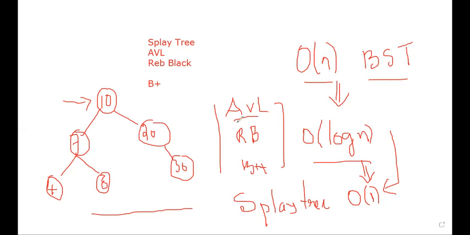The AVL tree places restrictions on the binary search tree such that the balance factor, meaning the height of the left subtree minus the height of the right subtree, should be either -1, 0, or 1. We studied that this is the balance factor. This is the condition it puts.